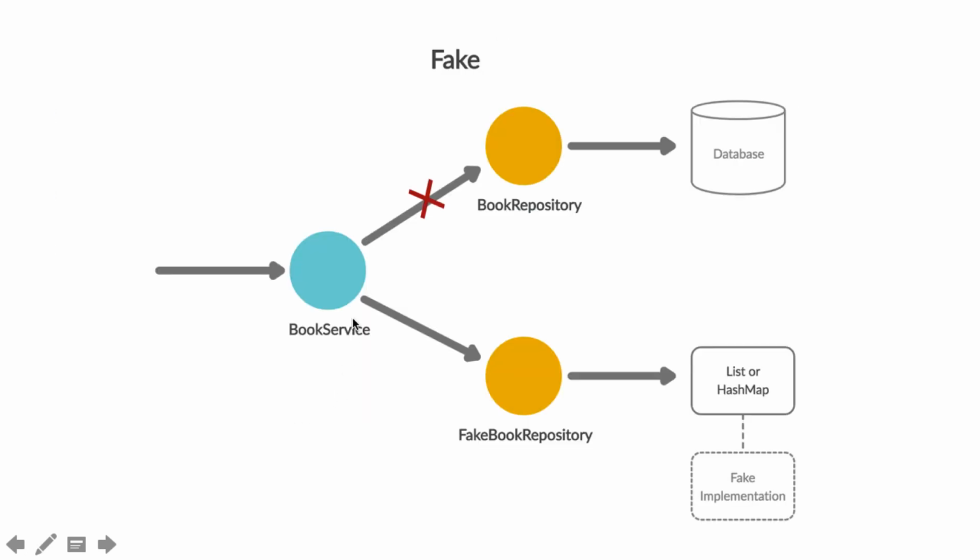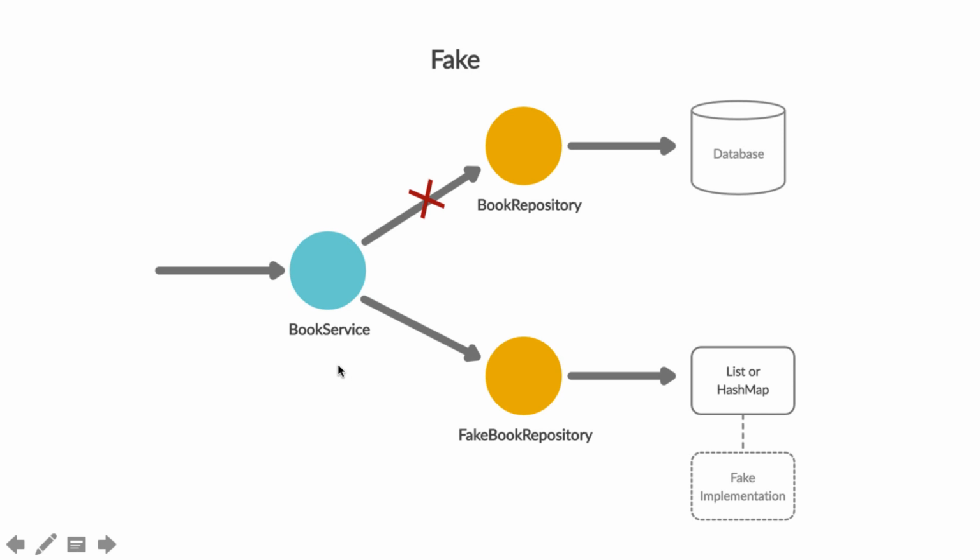So friends, here you can see that we have one class, BookService, and it has an external dependency, BookRepository, which actually communicates with the database. In order to test the BookService class using the fake test double, instead of calling BookRepository which deals with the production database, we can create a FakeBookRepository which, instead of going to the database, has some working implementation very similar to the database, like storing in a list or hash map, which is nothing but a fake implementation of the actual production database.